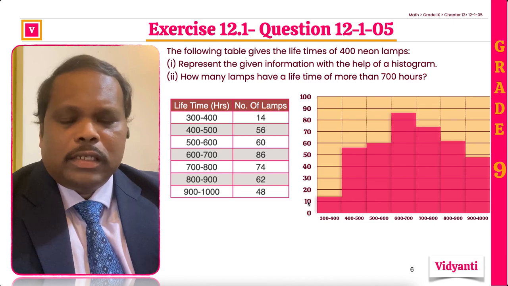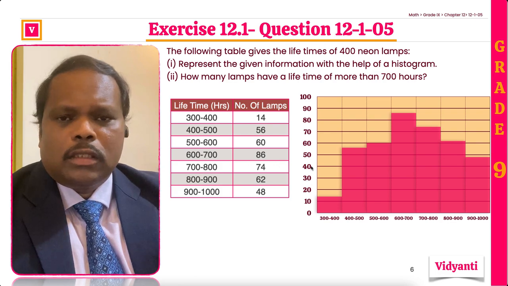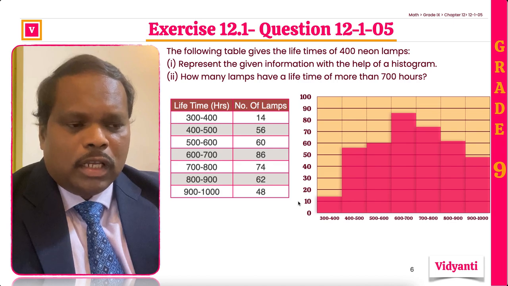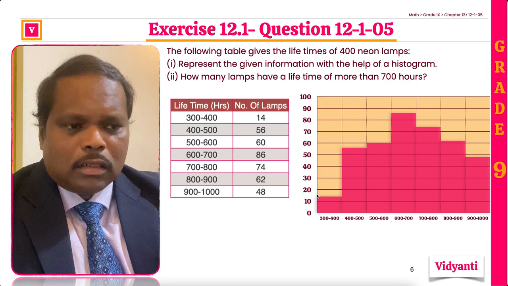And here you can select 1 centimeter equal to 10. First mark 10, 20, 30, 40, and so on to 100. The first number is 14. So we have to cross 10, go halfway, that will be 15, so slightly less than that.